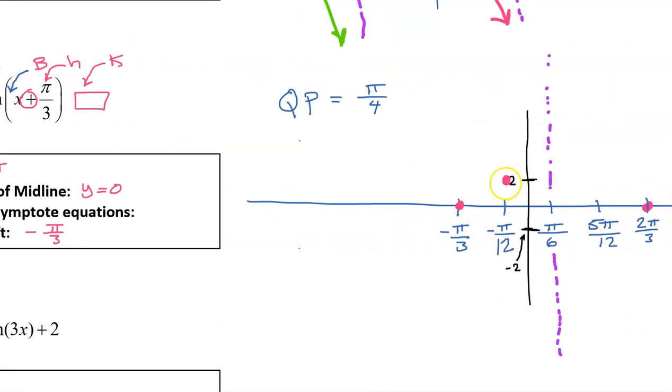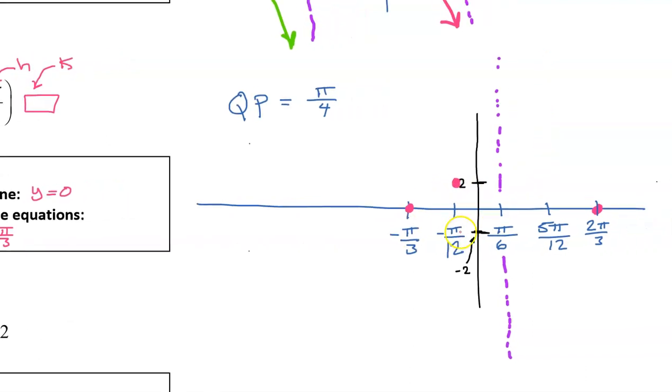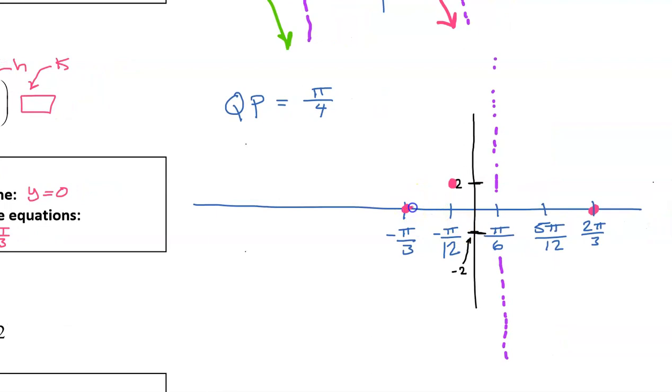So I'm putting a point at a y value of 2. As I said, the tangent function will be increasing as it approaches the asymptote like this. On the other side of the asymptote, this next point, a quarter period later, will be down by the amount of the a value.